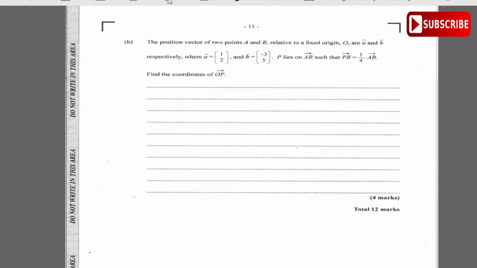All right, so this is just CSEC maths. We know what vector PB is. Vector PB is equal to the vector of the last, which is OB, minus the vector of the first, so OB minus OP.